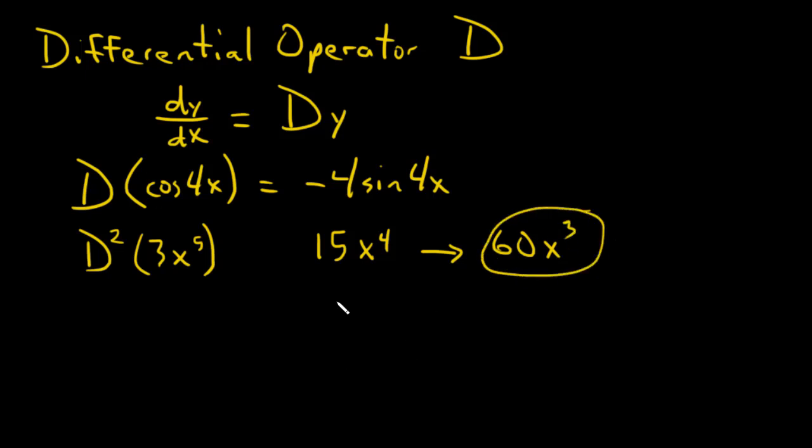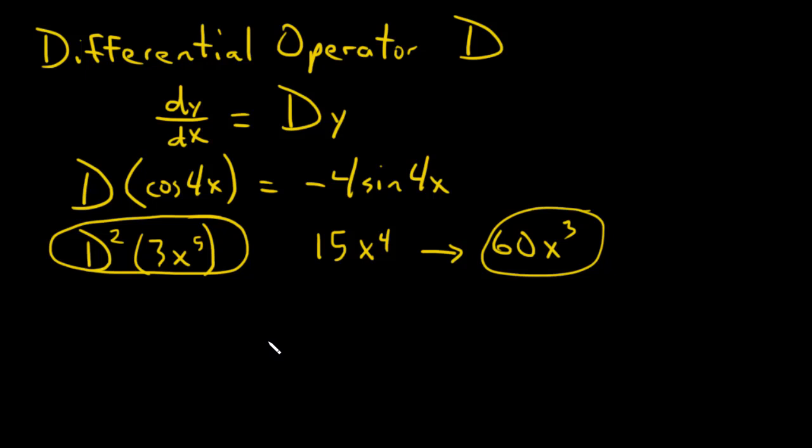This would be the answer for what D squared of 3x to the 5th would be. We can now, and we're not going to do it all the time, but in a lot of cases, eliminate that really tedious to write notation and replace it with just a nice big capital D. It is way, way, way, way cleaner when we deal with certain types of expressions.